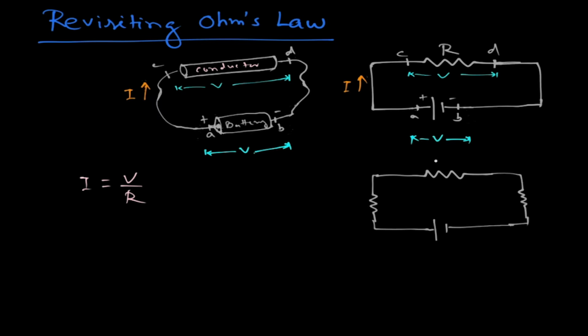This is the circuit so formed. These are the lead resistances. This portion A to C has some resistance, and it is shown here, and B to D is shown here.